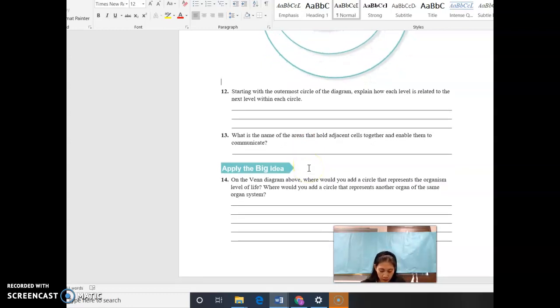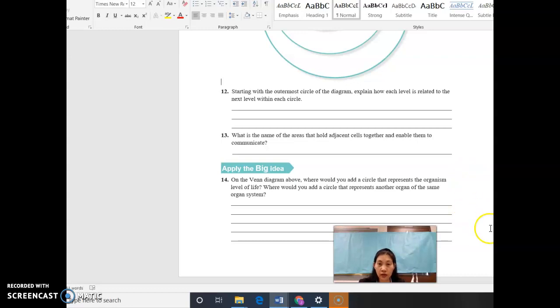So here, what does it mean by Venn diagram? A Venn diagram is a circle that represents the organism's level of life, and it should be drawn outside the outermost circle for the organ system first.